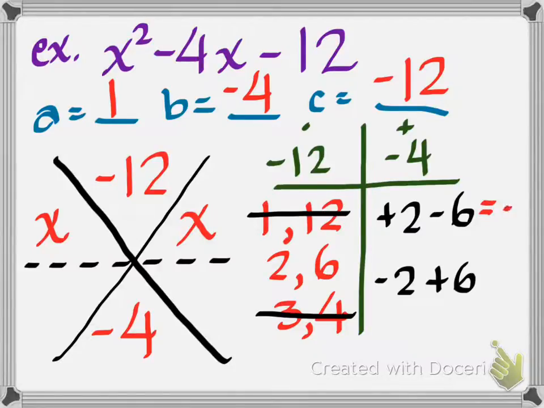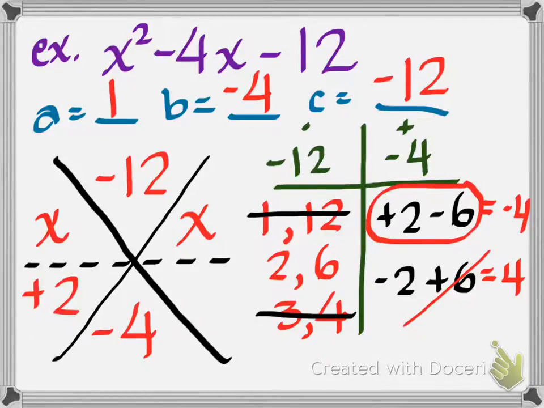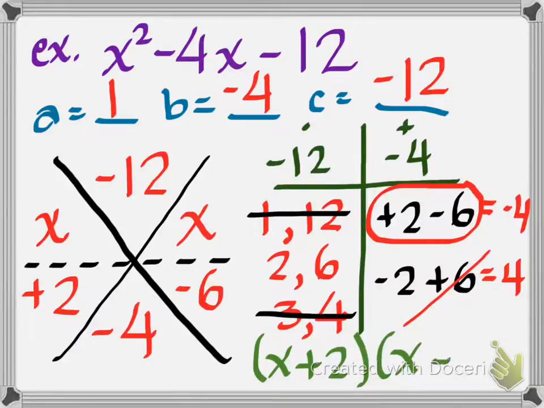Obviously, only the first one. My second one gives me a positive 4, so I don't want to use that one. So a plus 2, minus 6 is what I want. That means my factors for this trinomial are x plus 2, x minus 6.